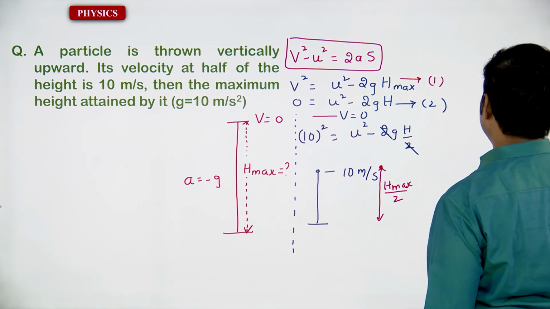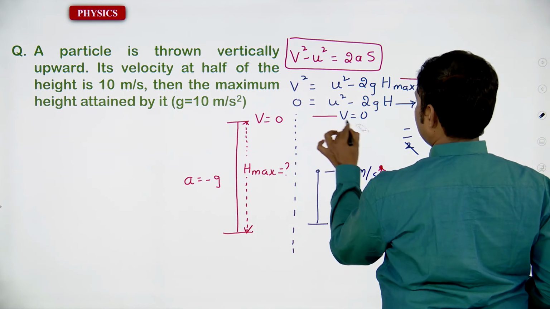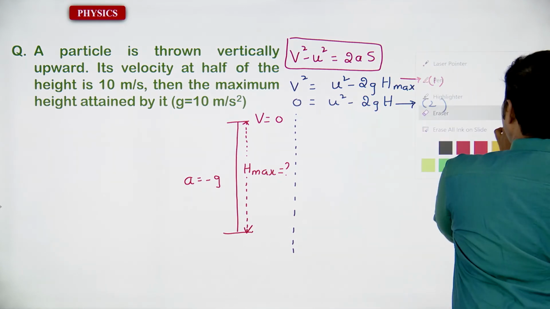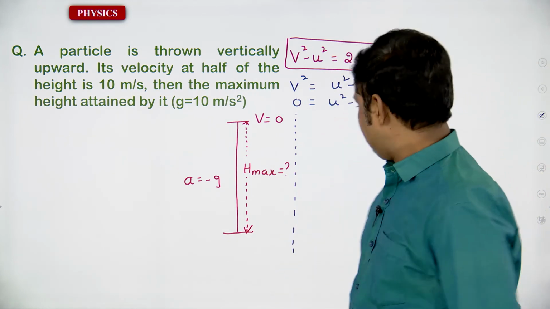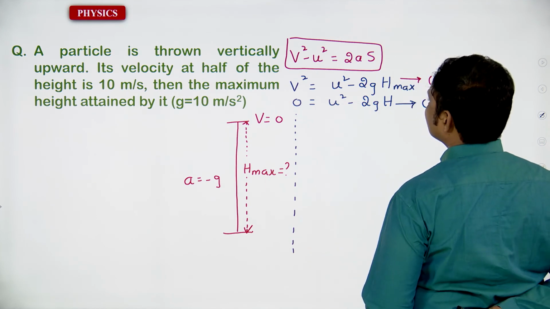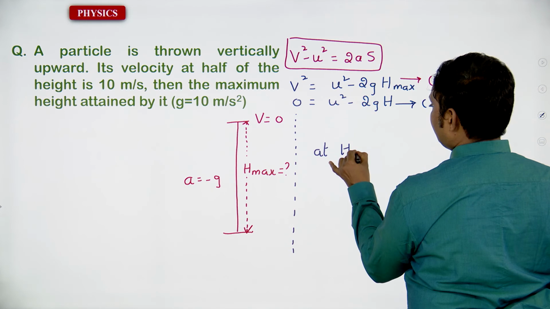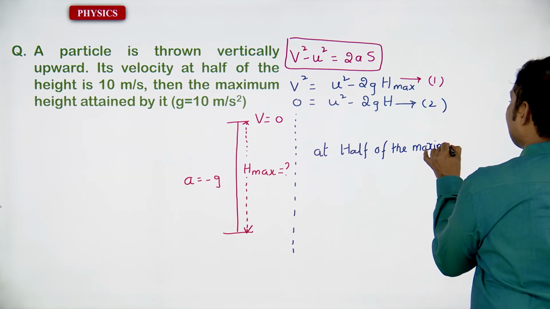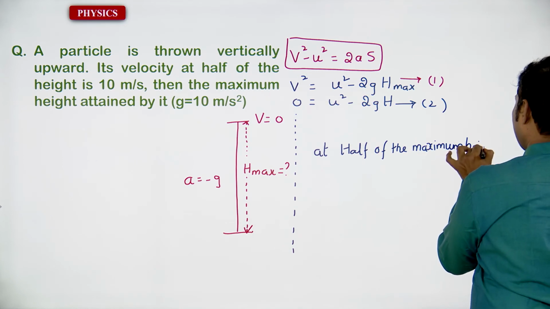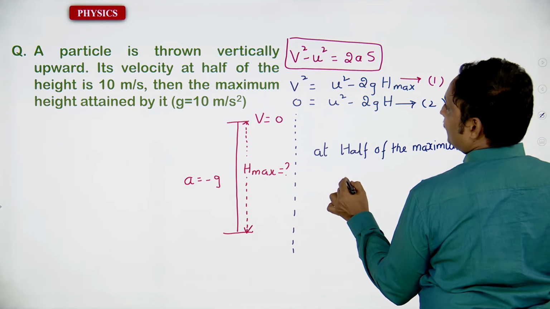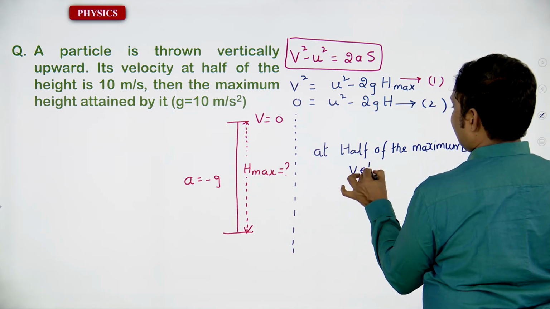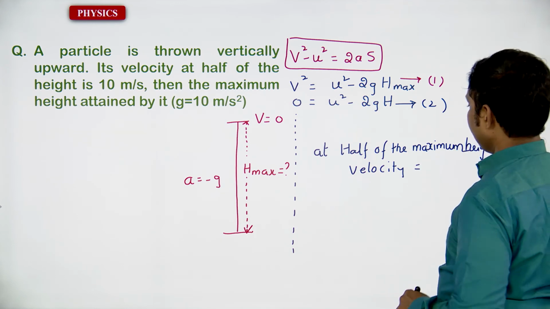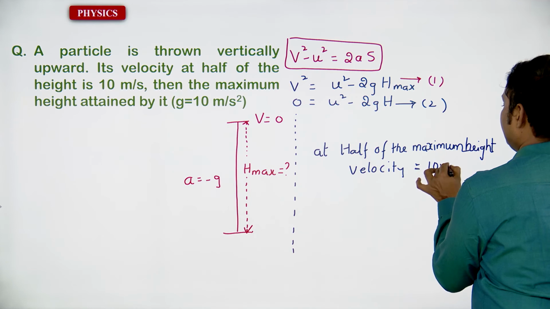You can confirm that at half of the maximum height, speed is, velocity is equal to, v is equal to 10 meter per second.